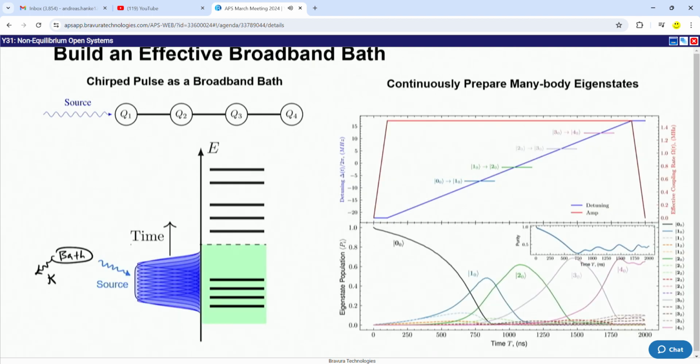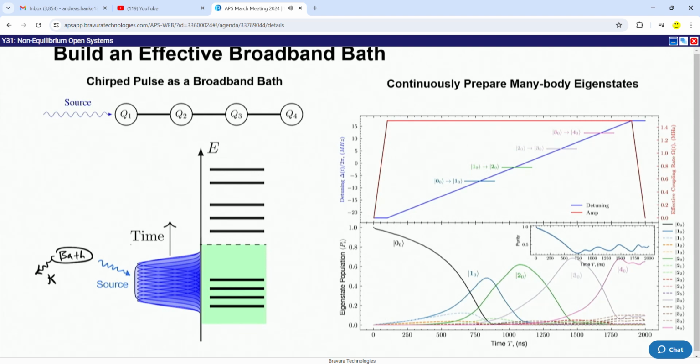This plot shows our pulse. The red line shows the amplitude of our pulse, and the blue line shows the frequency of the bus, which varies with time, crossing different transition frequencies in this system.